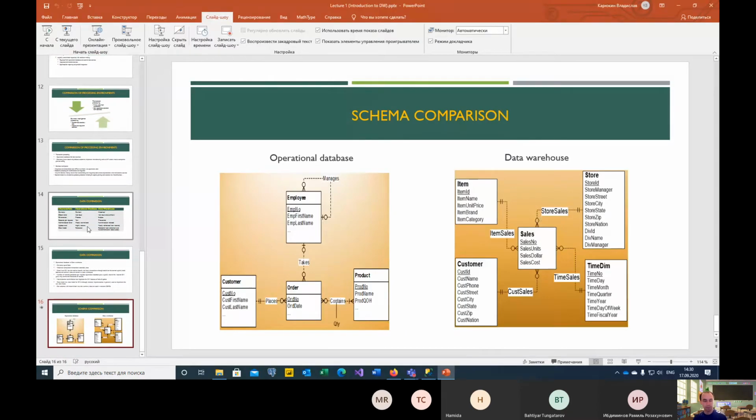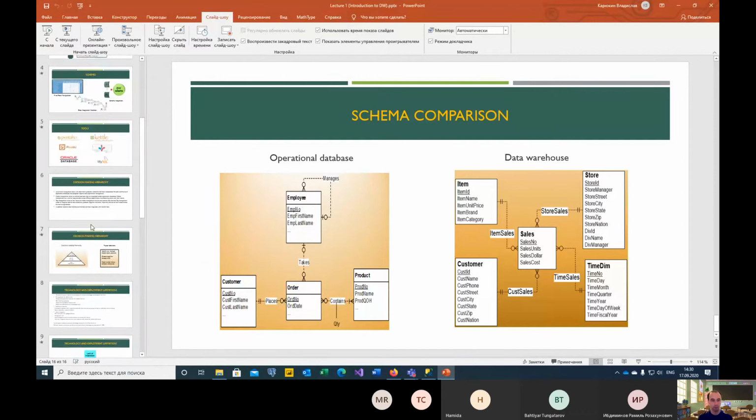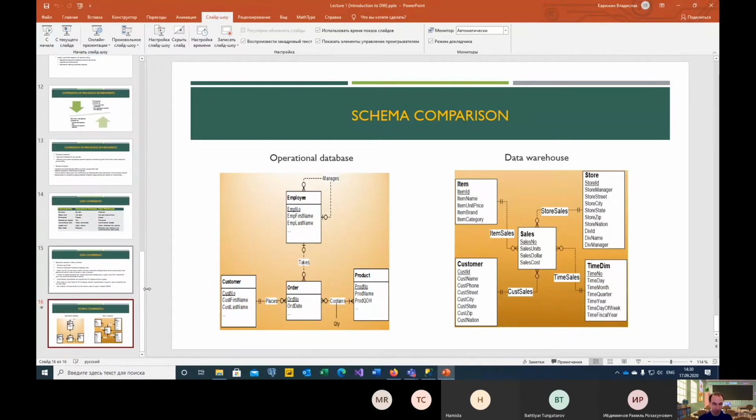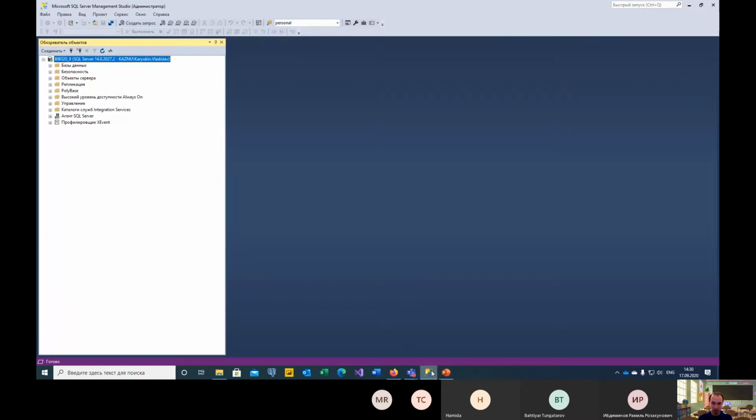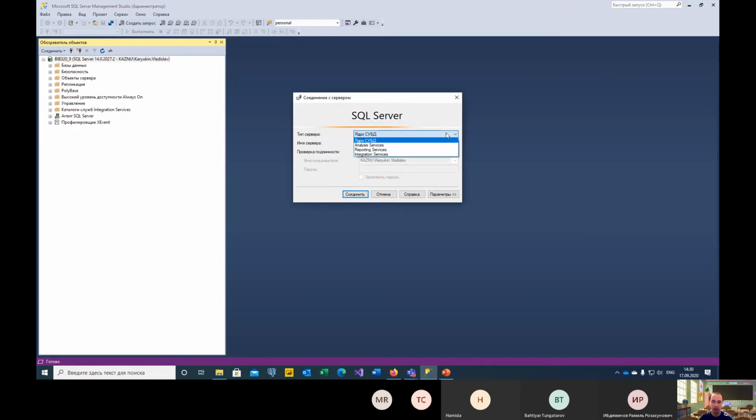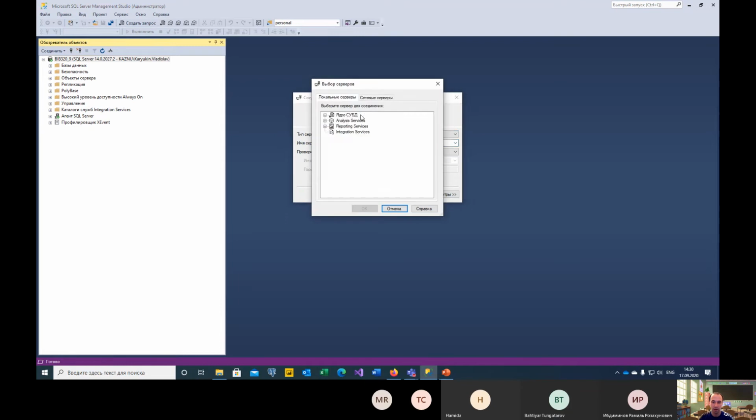This is the representation of schemes. What is also important for us: as I want you to focus on working with Microsoft SQL Server, there is a list of services like this: the core service, the analysis services, and also the reporting services.